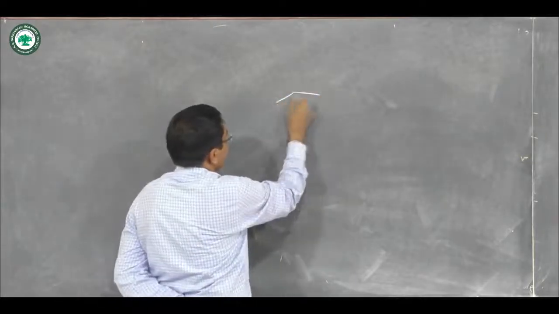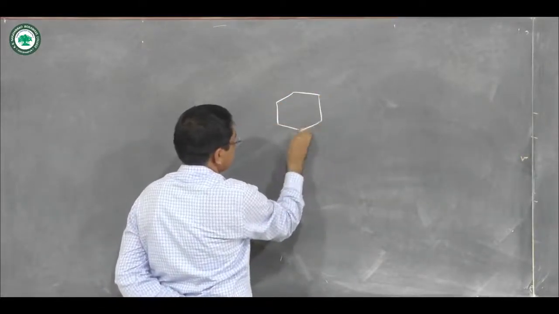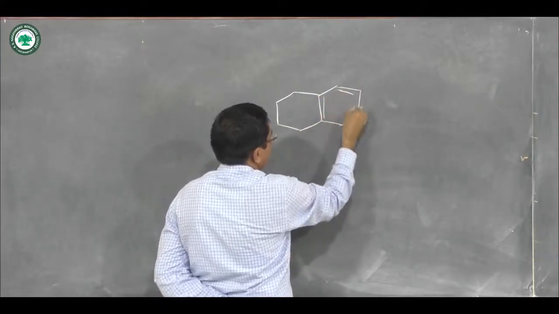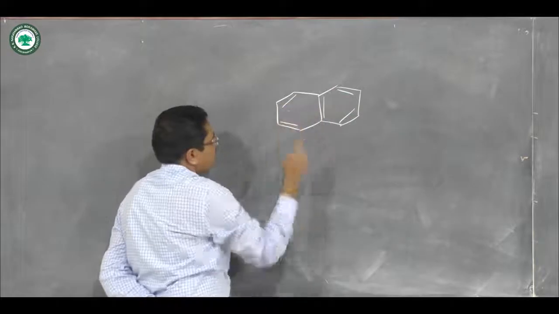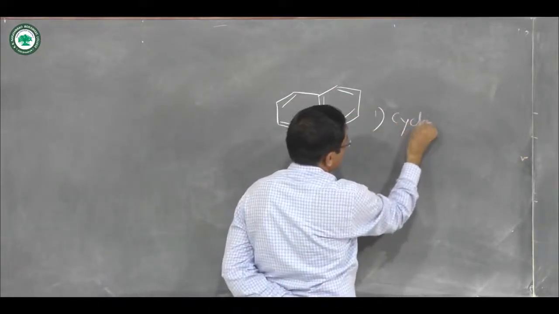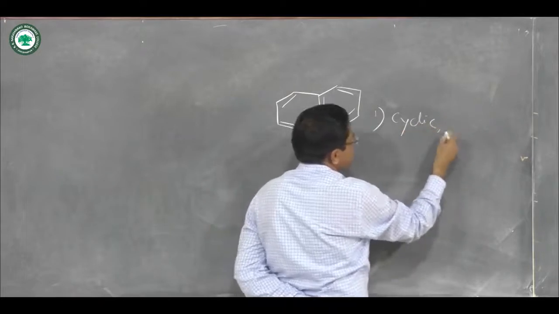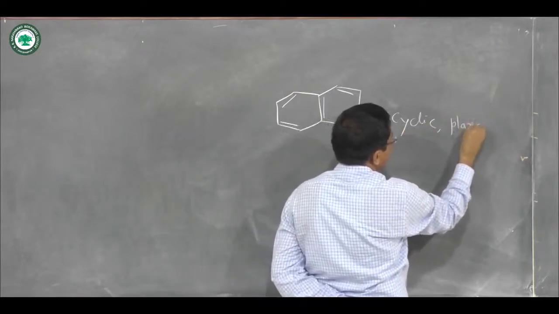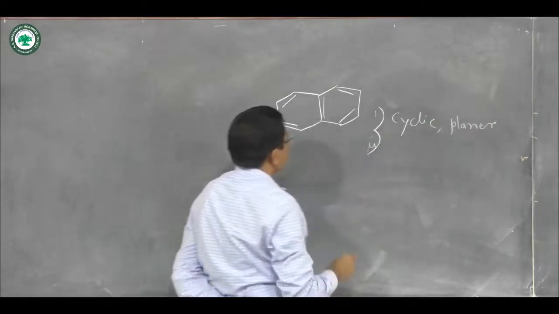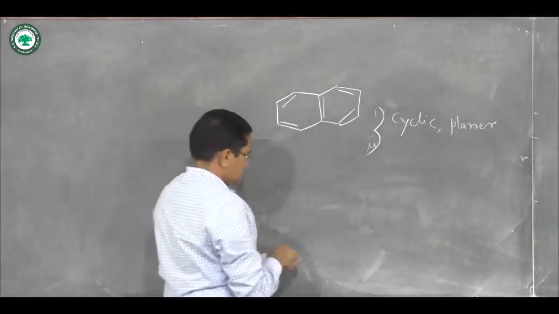Now we take the example of naphthalene. Again, this is cyclic in nature. All carbon atoms are sp2, so it is planar. There is delocalization of pi electrons.